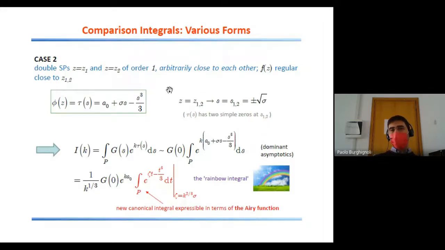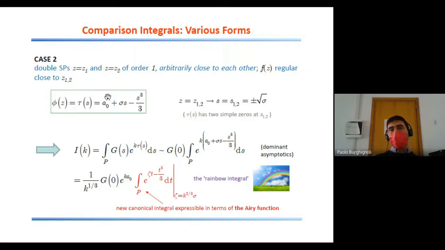And the simplest way to do that is to equate the function phi to a third-order polynomial, in which, as you can see, there is a constant, a0, plus a linear term, sigma s, where sigma is a constant, and then there is minus s cubed divided by 3.